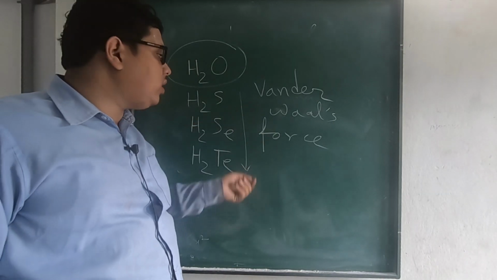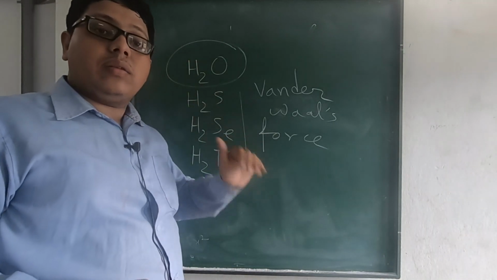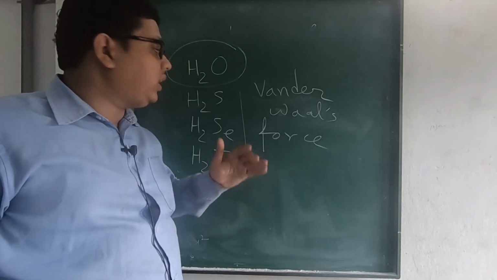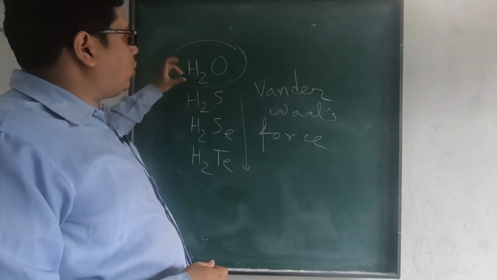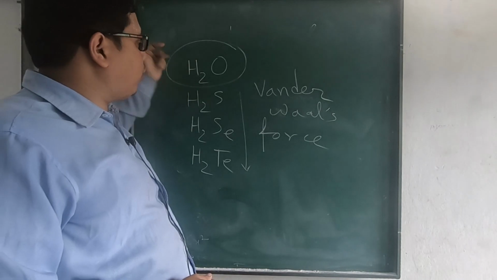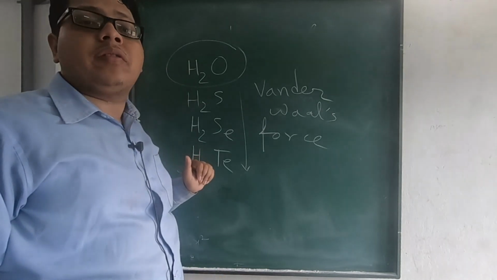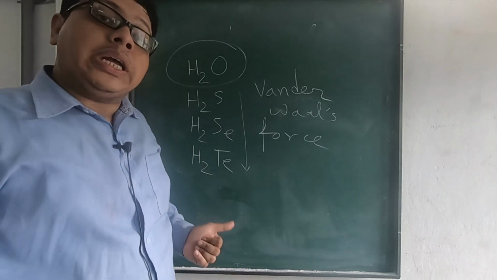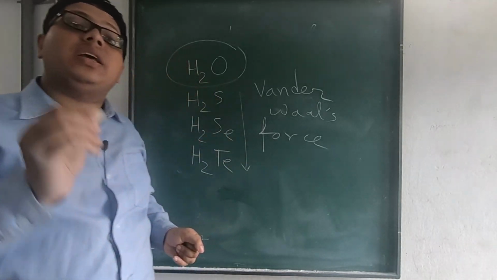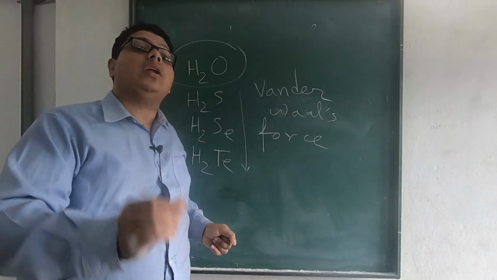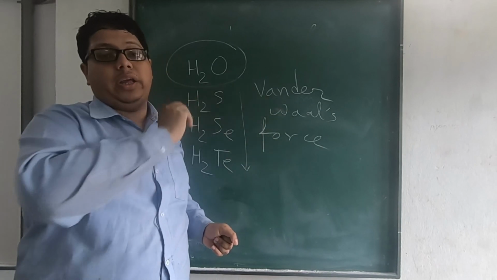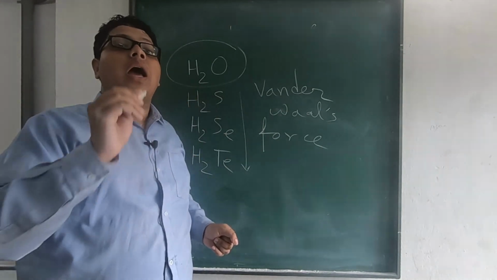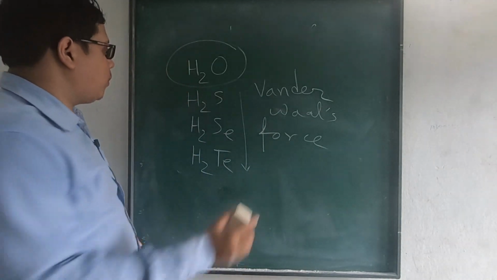It should have had an even lower boiling point and melting point, but it is not so. Water has a far greater boiling point than H2S. Why so? The answer lies in intermolecular hydrogen bonding. Let me write it down for you.